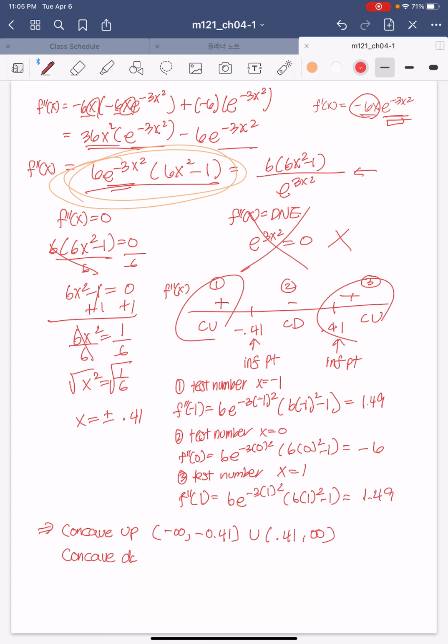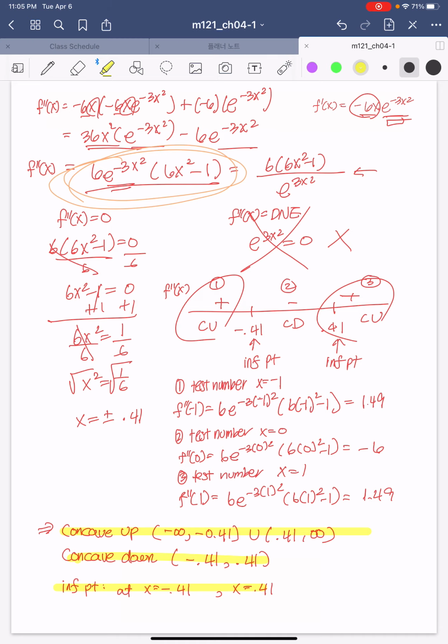Concave down from negative 0.41 all the way up to 0.41. And then we have two inflection points, occurring at x equals negative 0.41 and positive 0.41. Okay, so I'm going to highlight these.